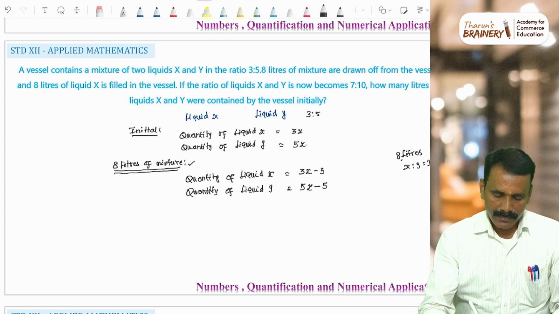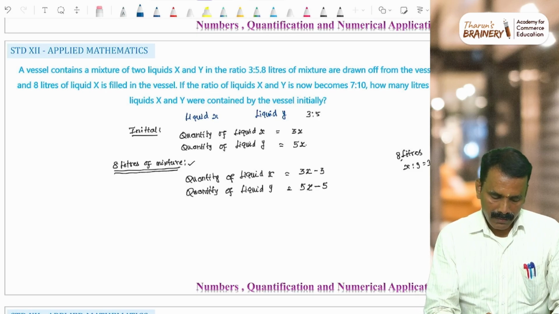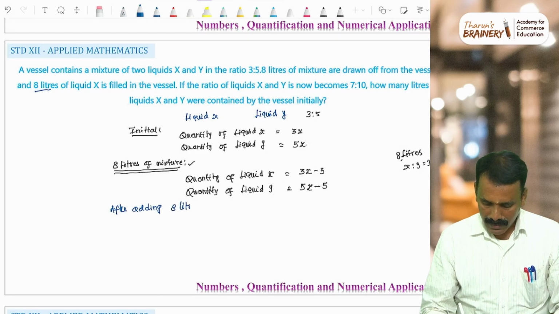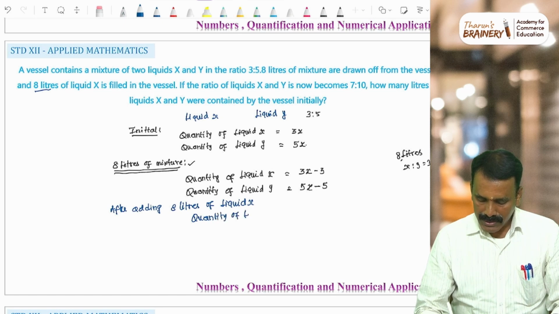Next we are going to add 8 liters of liquid X. After adding 8 liters of liquid X, the new combination will be: quantity of liquid X in the new mixture, already it is 3x minus 3.